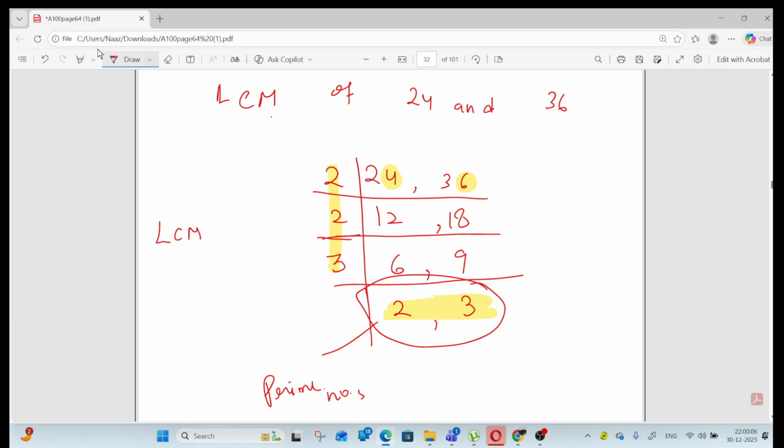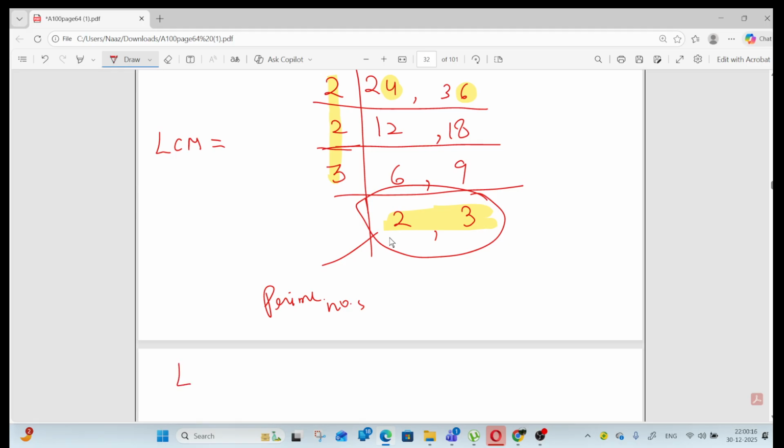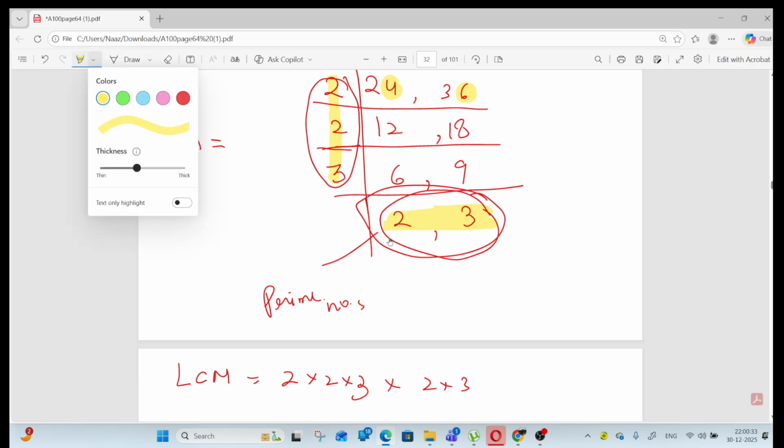The LCM of these two numbers, 24 and 36, you need to multiply. Let me write it here. LCM would be just multiply these: 2 times 2 times 3 times 2 times 3. So we multiply this and this, this is what I did here, right?